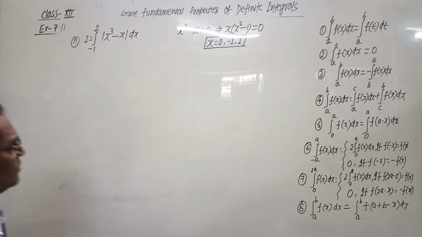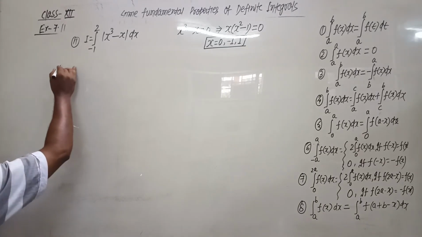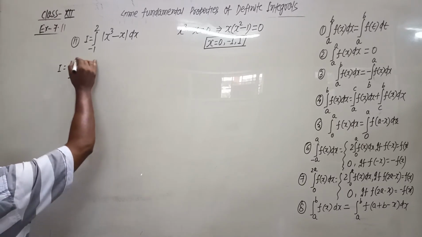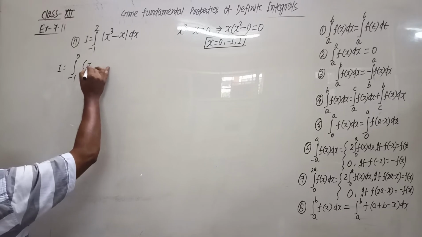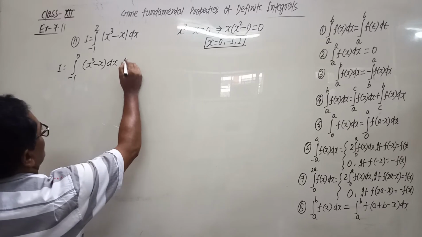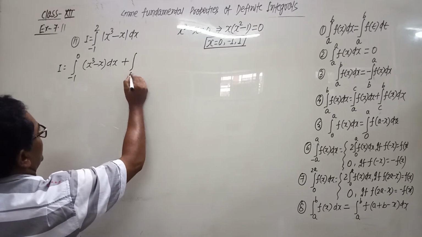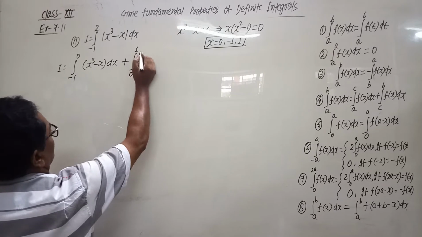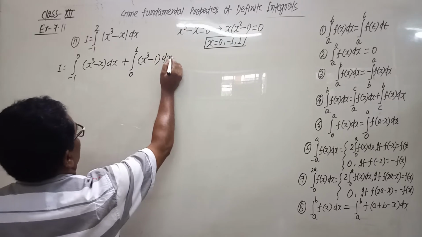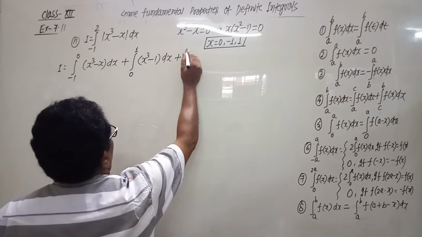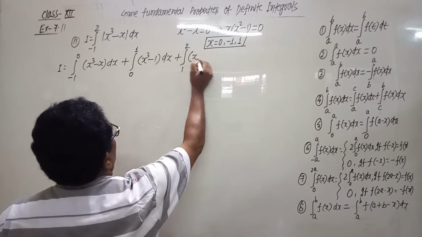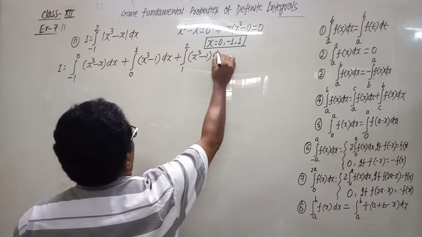From property number 4, we can write integration from -1 to 0 of x³ - x dx, plus integration limit from 0 to 1 of x³ - 1 dx, and then integration from 1 to 2 of x³ - 1 dx.